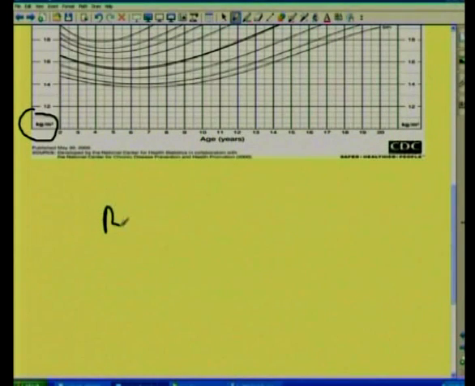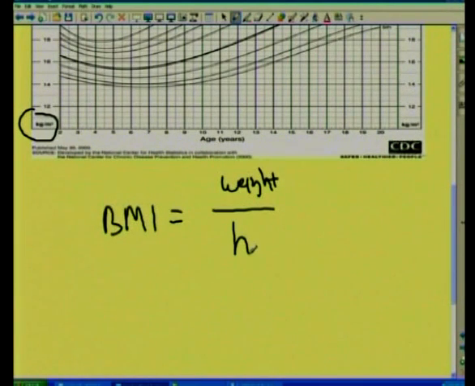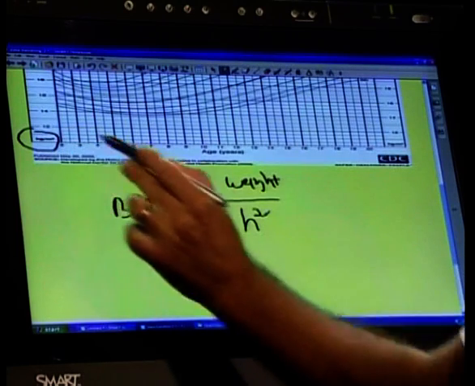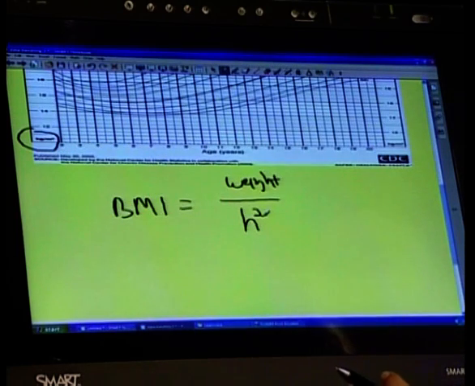Let me write this over here so you can see it in a little bit more detail. BMI is actually a calculation that measures the weight over the height of a person squared, and the height needs to be given in meters. That's where they got these units from, the kilograms per meter squared.